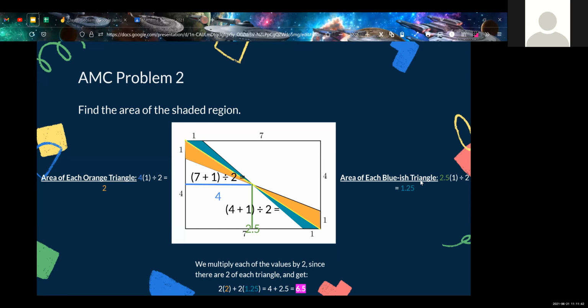Why is the area of the blue triangle different from the area of the orange triangle? Aren't they the same amount? No. Okay, so the base times the height. The height of the blue triangle would be 2.5, right? Because that's the green length. And the base of it would be 1.